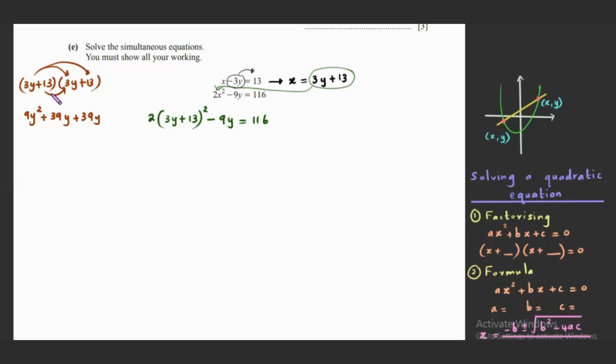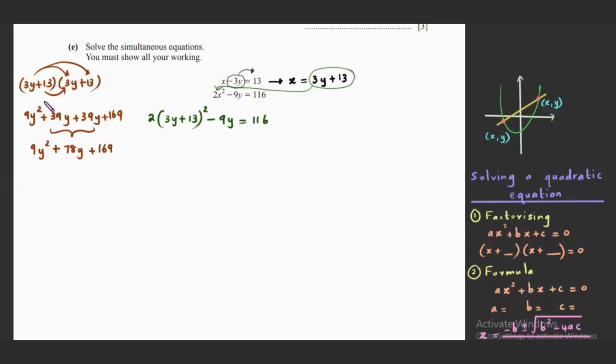And then I have 13 times 13, which is equal to 169. So now I can combine these two 39y's together because they are like terms. When I combine them, that becomes 78y. So I have 9y squared plus 78y plus 169. So this is what I get when these two brackets are multiplied together, or when expanded.